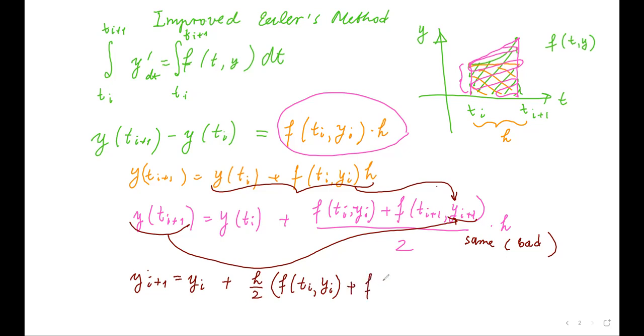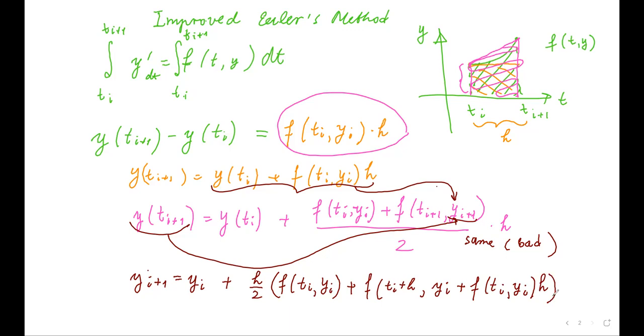We do know what t i plus 1 is, this is just t i plus h, right? Plus one step. But instead of this, we are going to use this formula. So I'm going to write y i plus f of t i, y i, multiplied by a step.